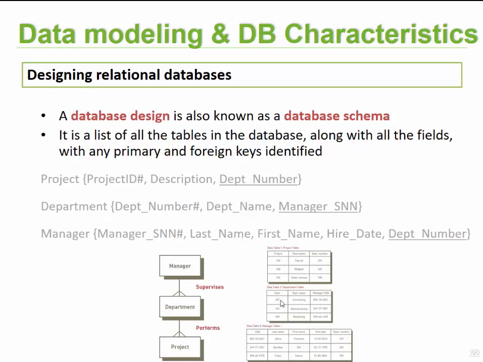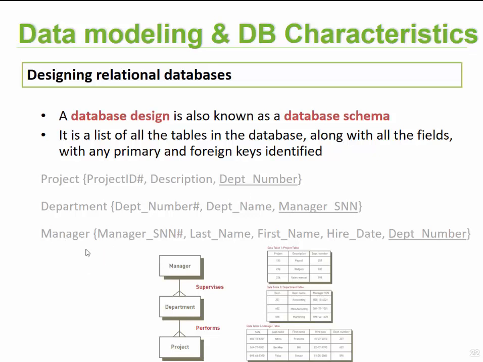So that's our primary key, so we indicate department number hash. We've got a department name and we've got a manager social security number. So manager social security number is actually a foreign key because it's a primary key in yet another table. So we know foreign keys, you go and you underline that.